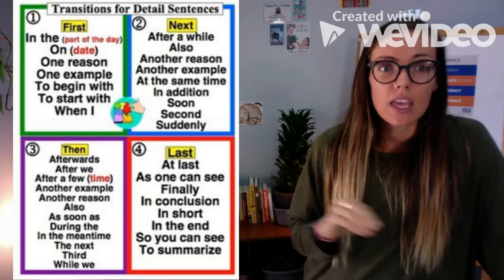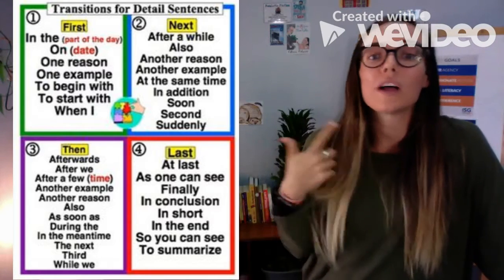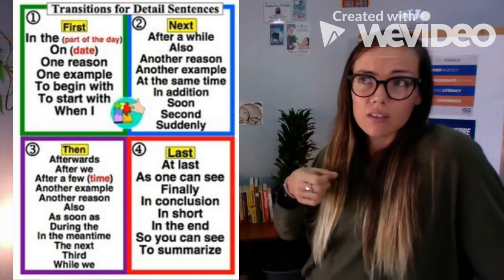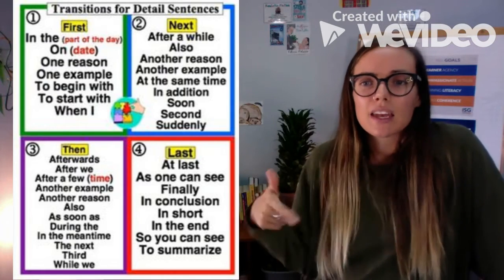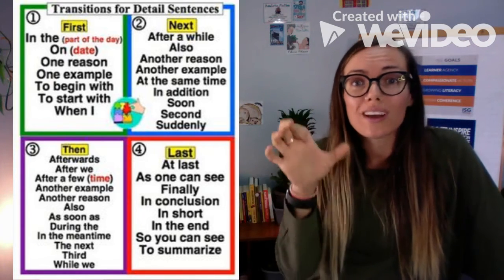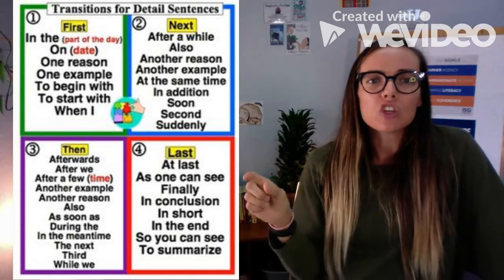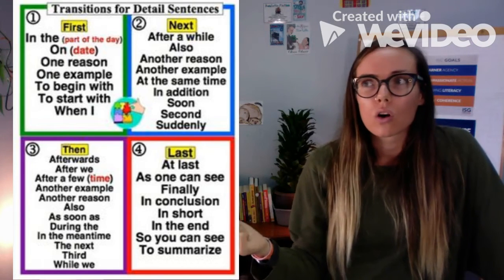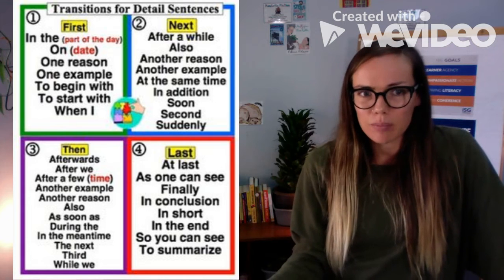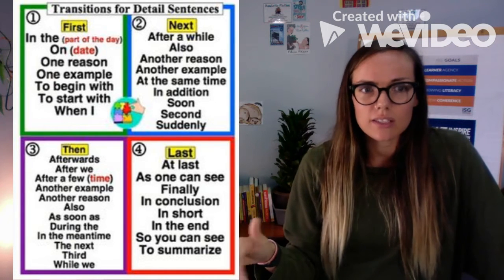So in the morning, or one reason, or one example, or you might say, to begin with. Then as you get a little bit farther along in your book or even in a section, you might say after a while, or also, or another reason, or another example. Okay, you can see the rest.